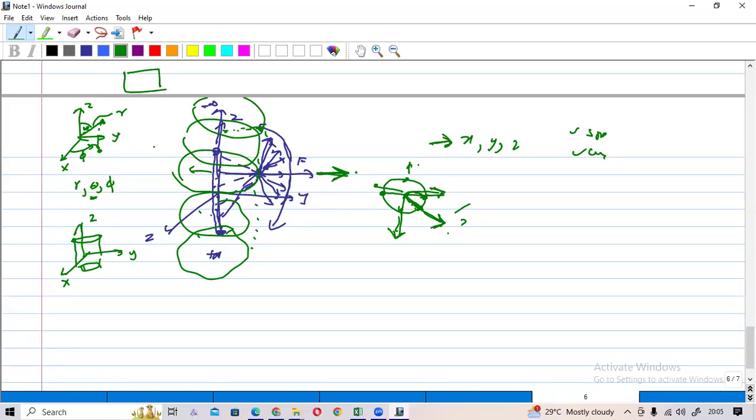Okay. So if we take a cylinder, any point in a cylinder can be defined using three parameters again.